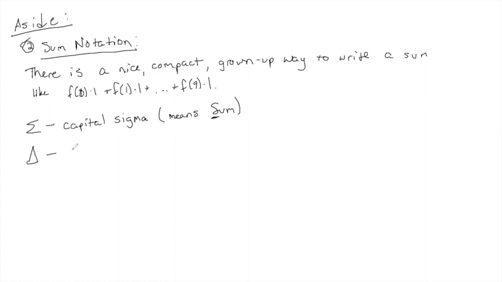And capital delta we're going to use as well. Means change. We've used this before. I don't know why they use delta. That's a capital D in Greek. I don't know why. But it means change. Okay, so let's return to this example. I can't write.